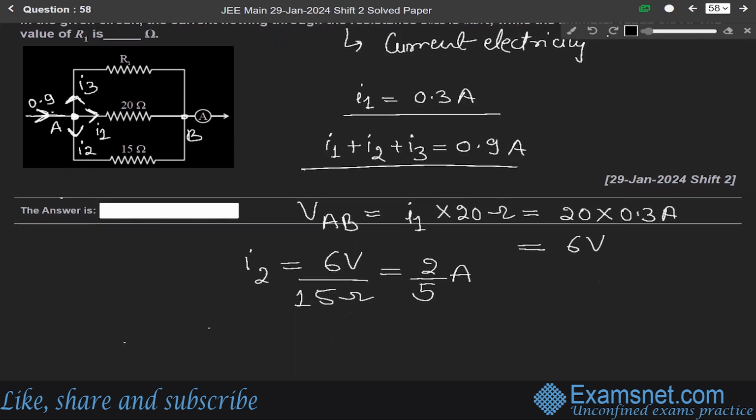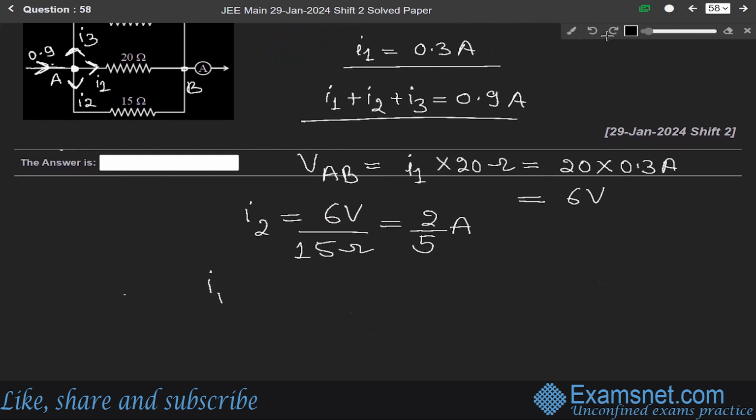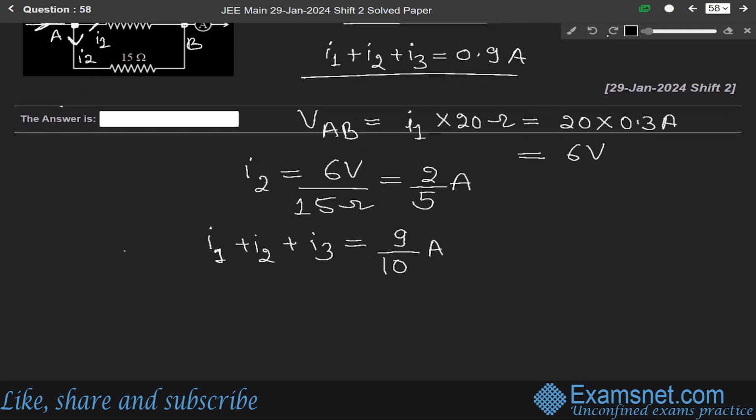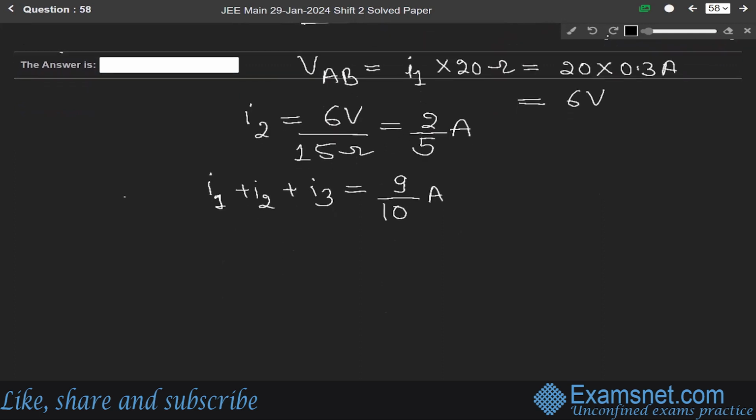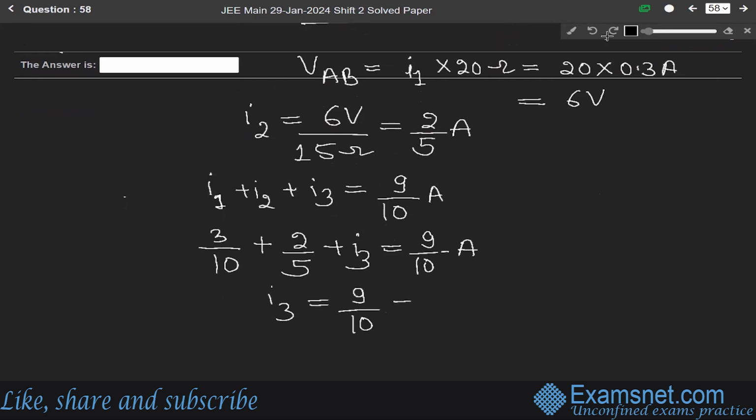Now since I1 plus I2 plus I3 is equal to 9 over 10 ampere, means 0.9 ampere, I1 is 3 over 10 plus I2 is 2 over 5 plus I3 equals 9 over 10 ampere. So I3 will be equal to 9 over 10 minus 7 over 10.